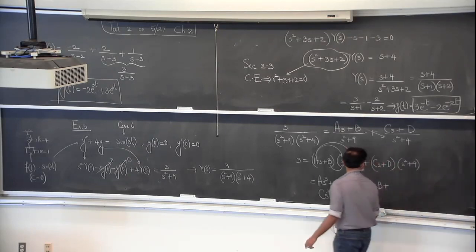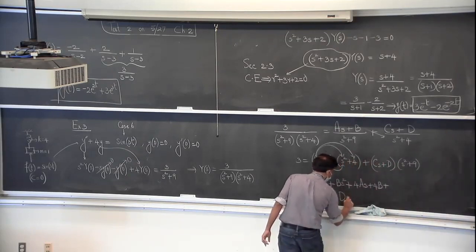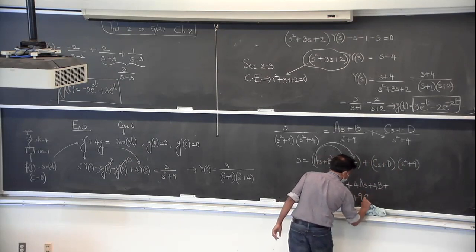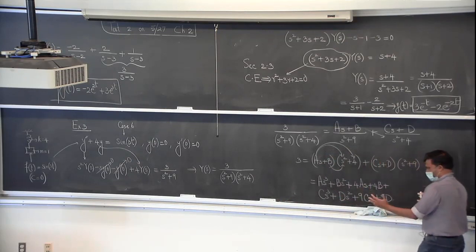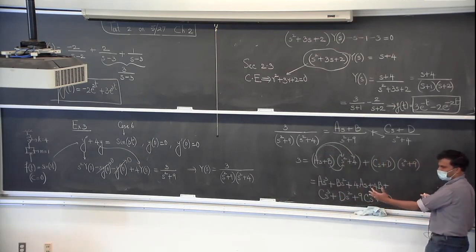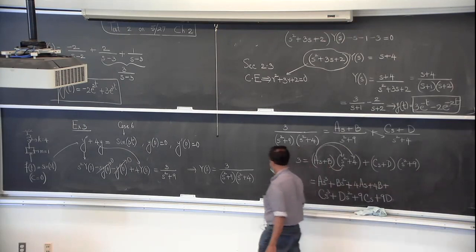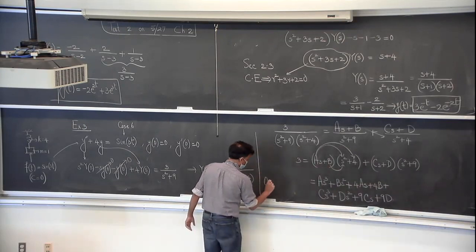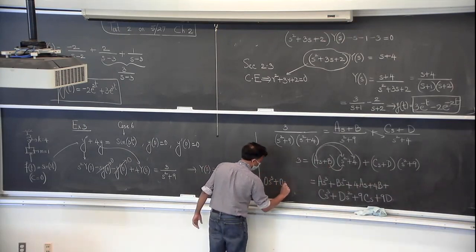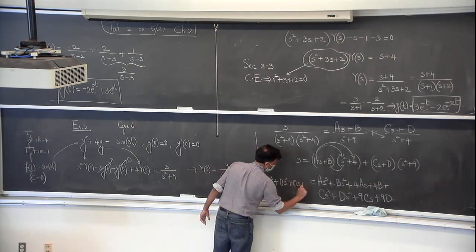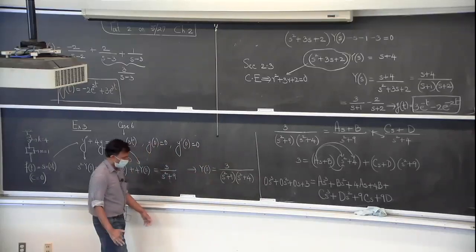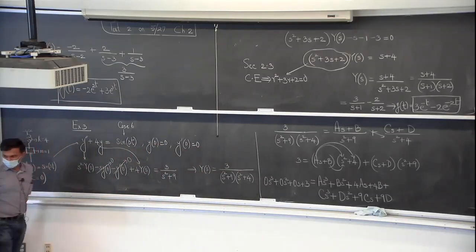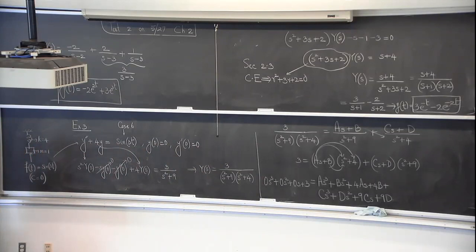I know that looks awful, but the left-hand side is rather easy for us because it only has a 3, which also means that all the other coefficients should be equal to 0. I'm just keeping placeholders for the remaining terms, s to the 3, s square, s, they're all multiplied with 0. This is the safest way to do any partial fraction problem. There is no trick involved.